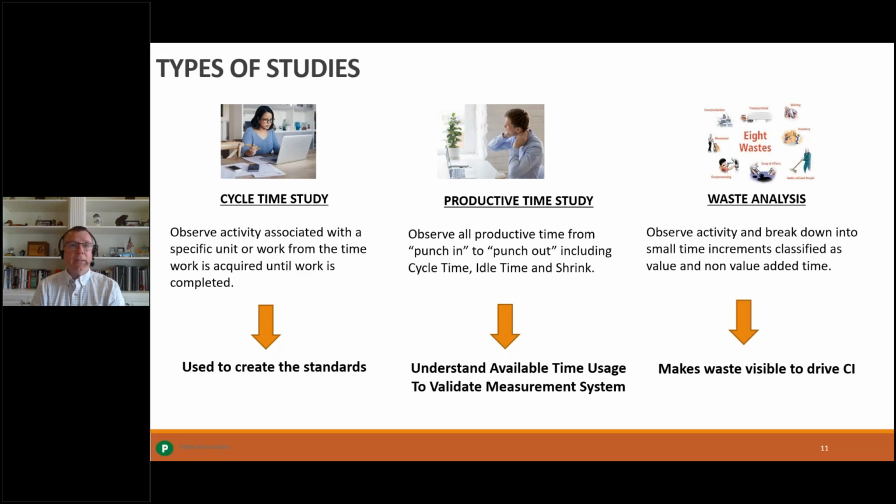Most of the time, we see these folks are using rate-based measures, like quantity per hour rates. And if you take our cycle time and just convert that to a quantity per hour, the rate is extremely high because it doesn't take into account the idle time, and also it eliminates the waste. So by looking at the employee, what they do throughout the day, all their transactions with the time management system as well as the production system, we'll gather that from observations.